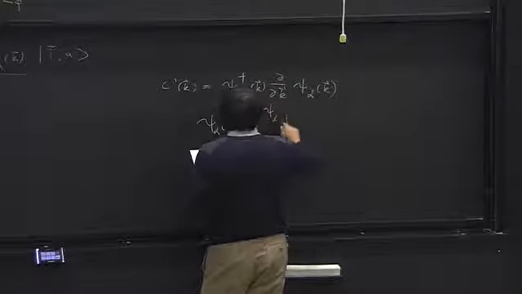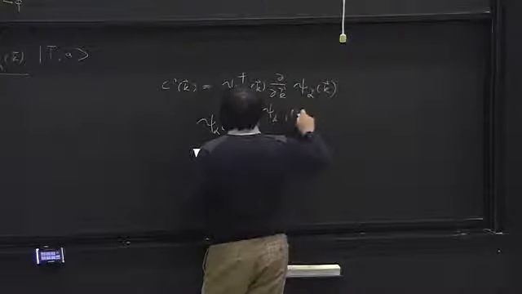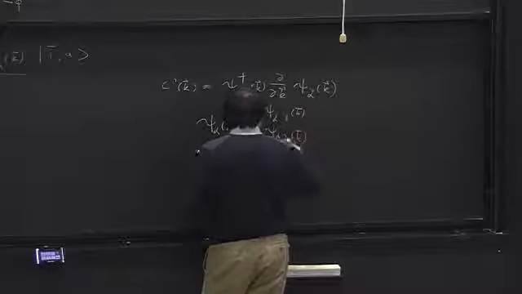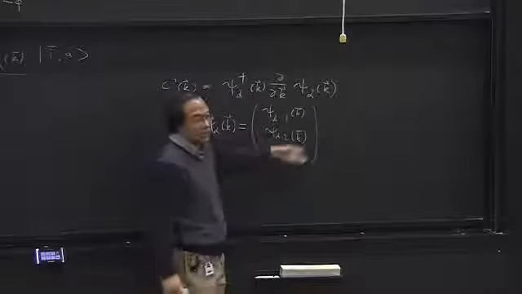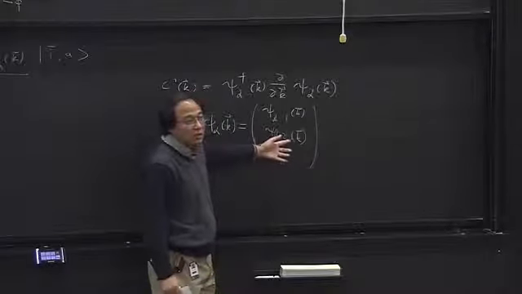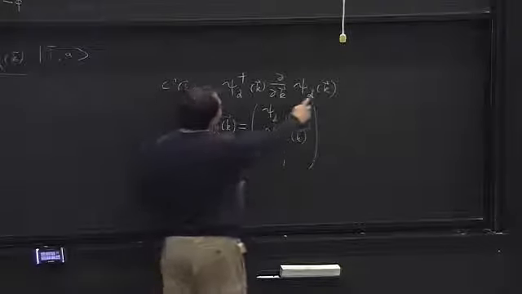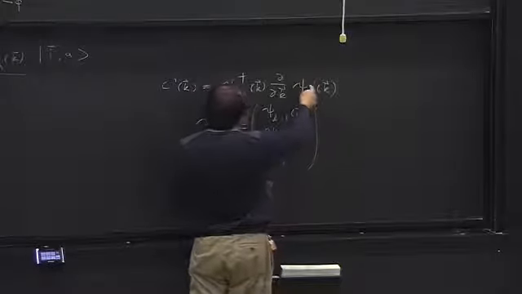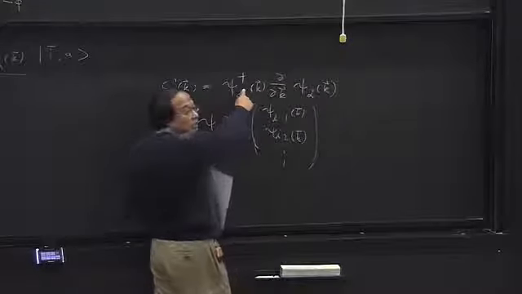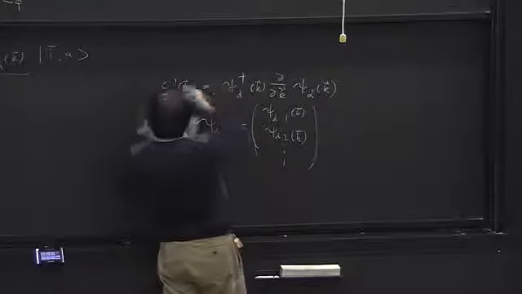So psi alpha 1 is a function of k, psi alpha 2 as a function of k, and etc. So this is a column vector which has a k dependence. When you make a derivative of the column vector, we get another column vector. And this column vector has overlap with the previous column vector. Then we get some number.